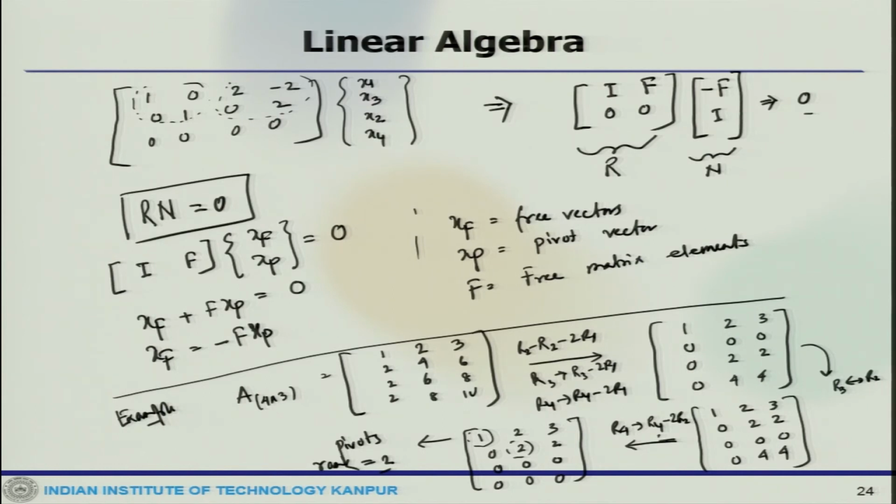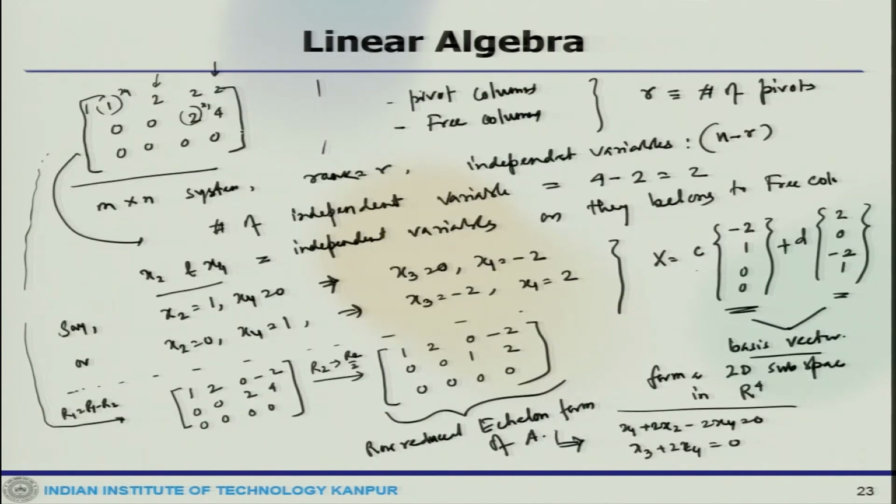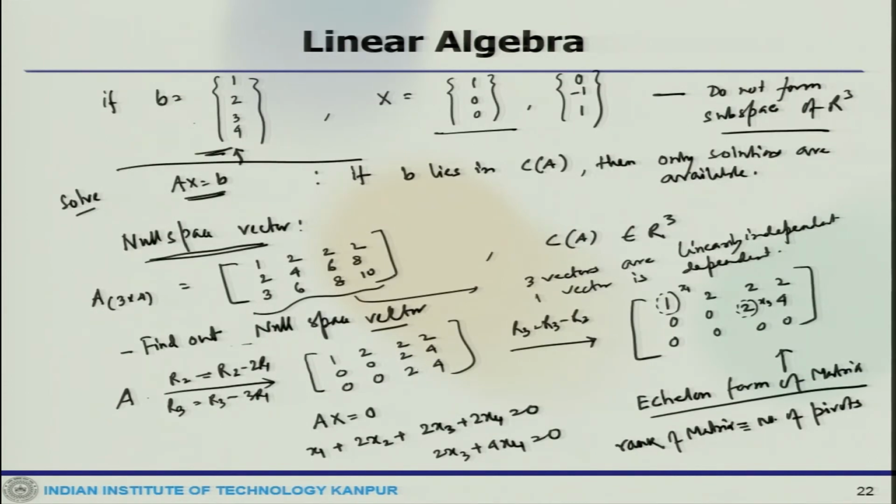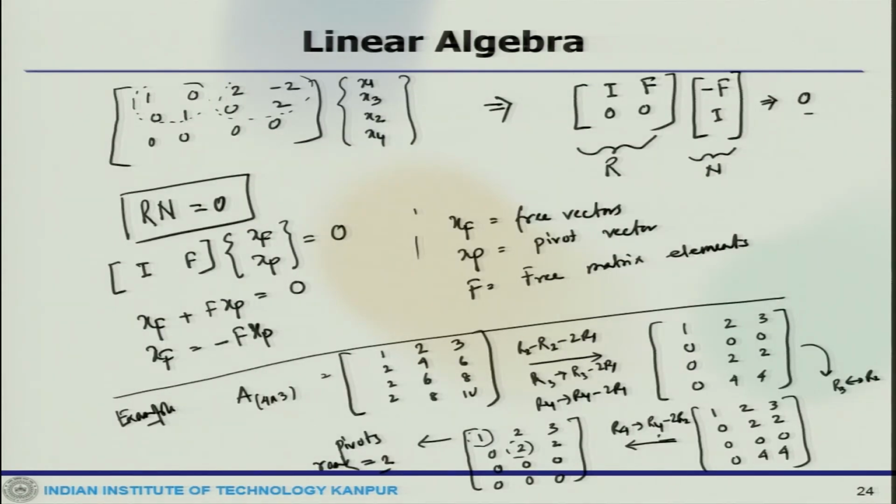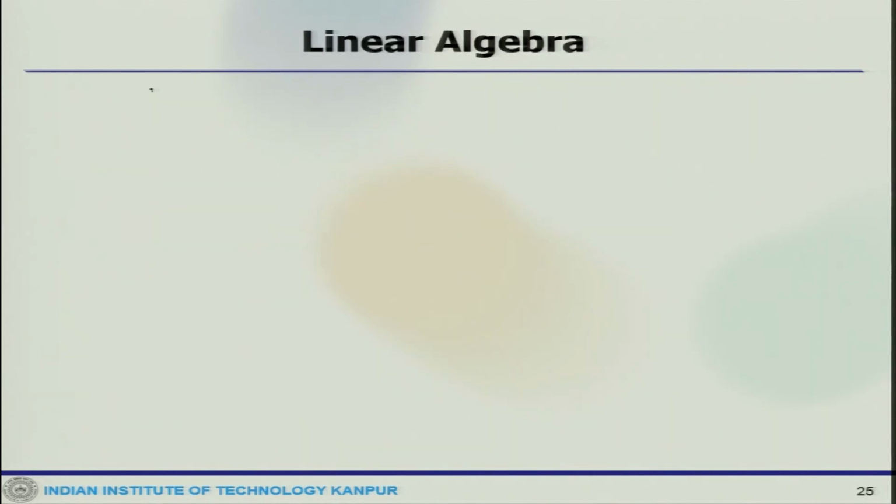Previously we started with 3 by 4, and the same one we just reversed to 4 by 3, and you can see the rank of that matrix. So whether it is A transpose or A, the rank remains same.